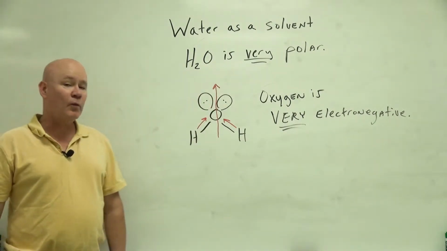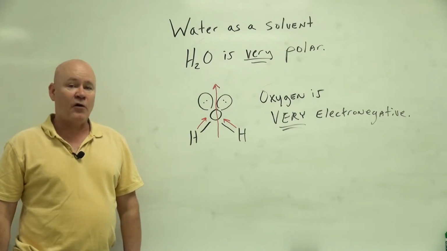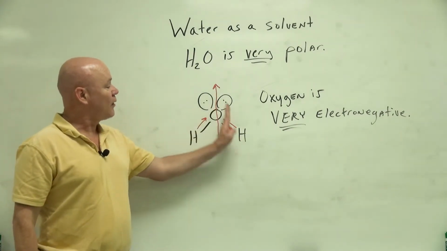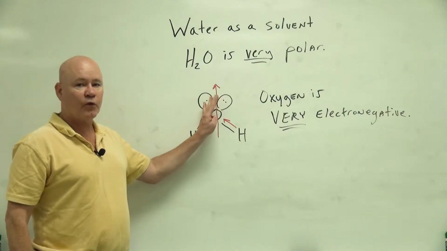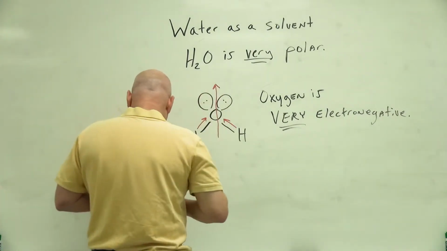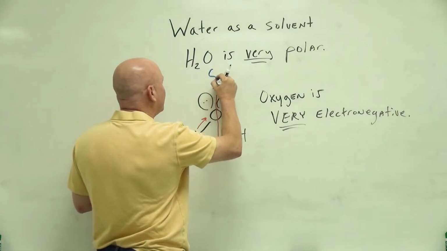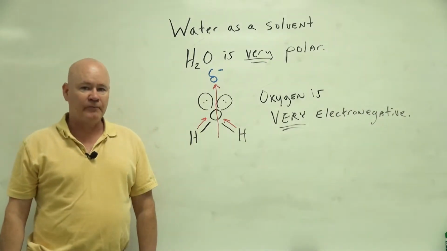Now, we have to remember that electrons are negatively charged. They have a negative charge. So if you get more electrons, not complete electrons, spending more time towards the oxygen, well, this end over here is going to have what's known as a partial negative charge on the oxygen end.